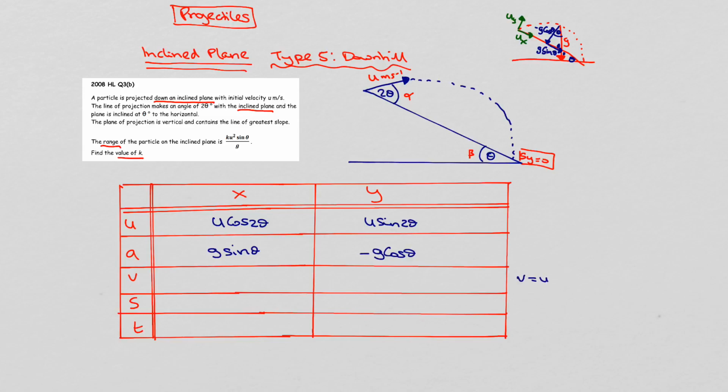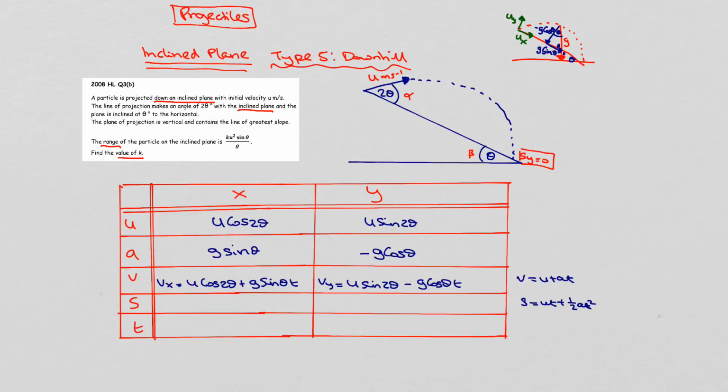So again, if v is equal to u plus at and s is equal to ut plus a half at squared, then resolving those in the x and y direction gives us u cos 2 theta plus, this time, g sine theta t. And v in the y direction is u sine 2 theta minus g cos theta t.